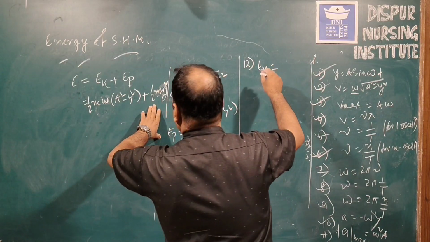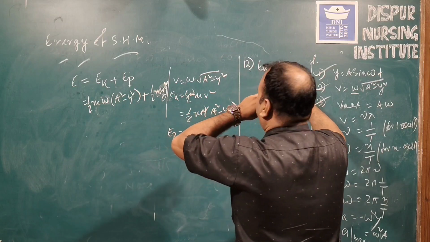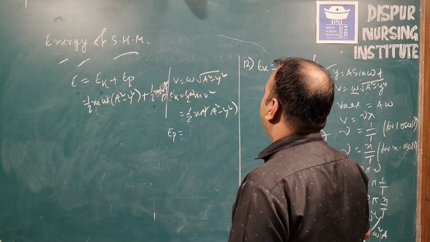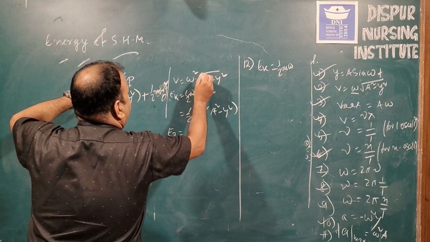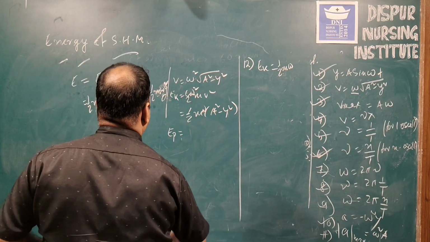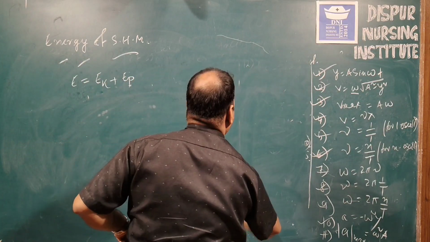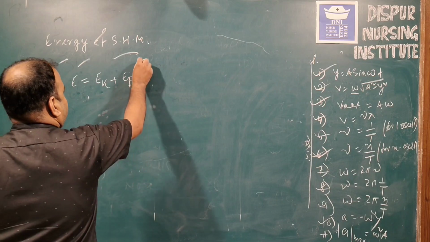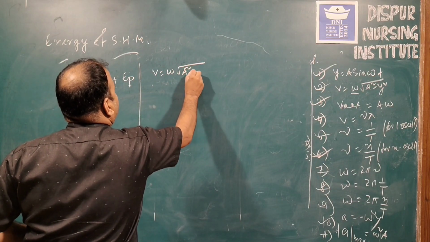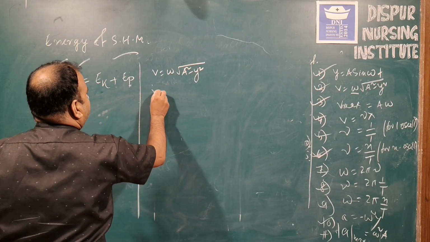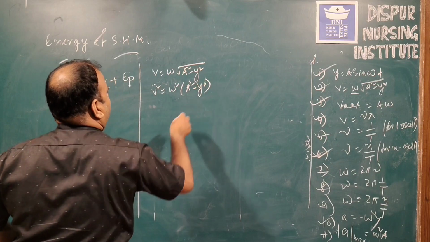So in kinetic energy, half m v square, where v square means this value is squared. Final value you can write like this. So v is equal to omega under root a square minus y square, as we know, so v square is equal to omega square a square minus y square.